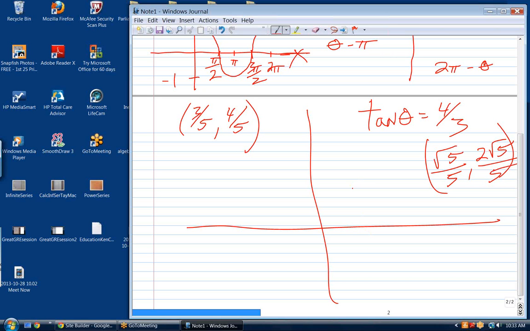So root 5 over 5 is the x-coordinate. And the y dimension is 2 root 5 over 5. We're trying to solve for that hypotenuse. What is it?